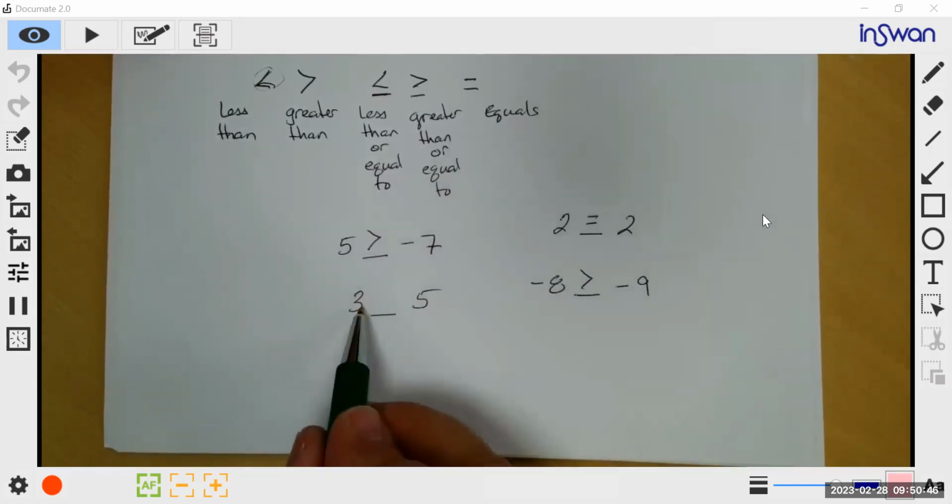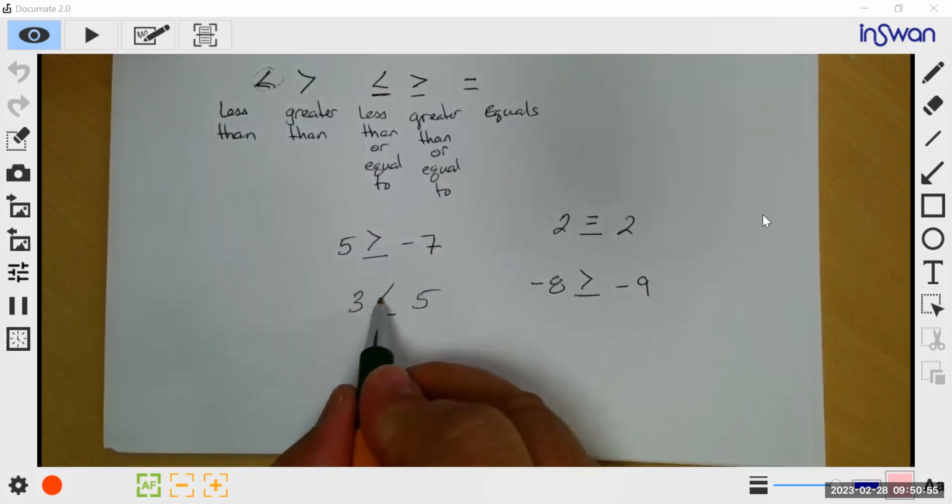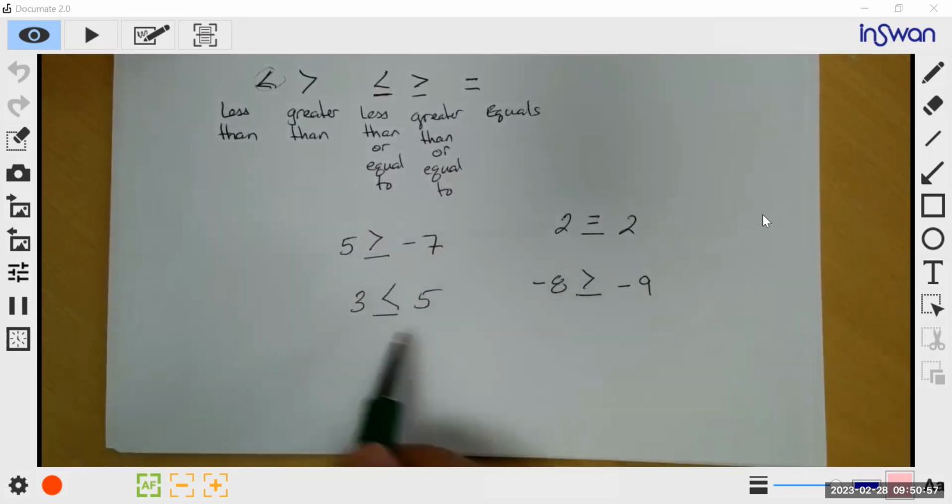Is 3 less than, greater than, or equal to 5? Three is less than 5. Why is it less than 5?